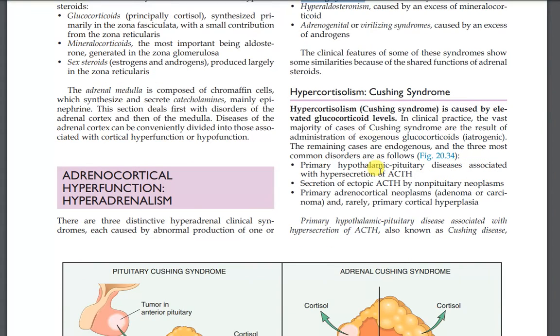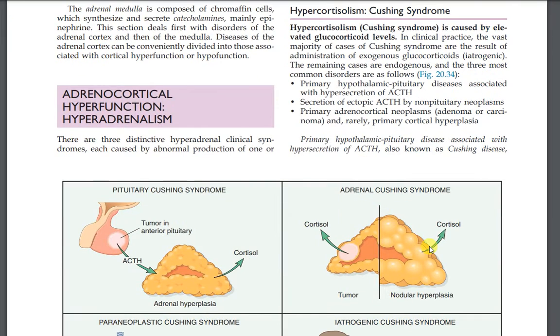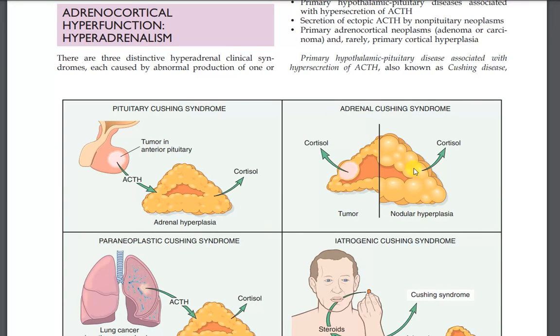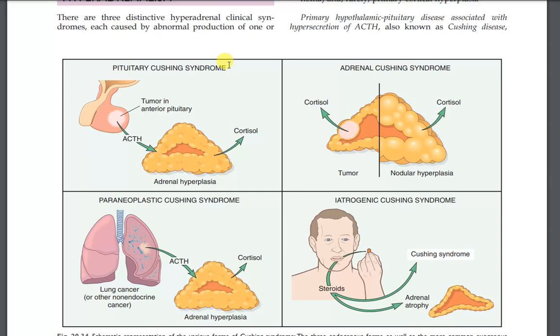What is Cushing syndrome? Cushing syndrome is a hyperproduction of cortisol by the adrenal cortex. It might be pituitary Cushing syndrome, due to overproduction of ACTH. ACTH overproduction might also happen due to lung cancer, which produces ACTH and also causes hyperplasia of the adrenal gland.